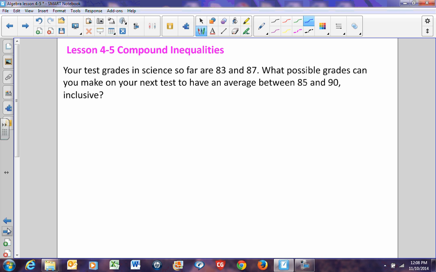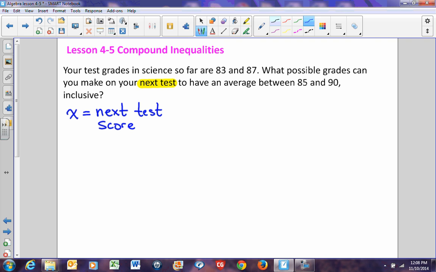First thing I need to do, I need to define my variable. My variable is my next test grade because it says what is your next test score. So I'm going to let x equal my next test score. And so I will have a total of 3 scores here.